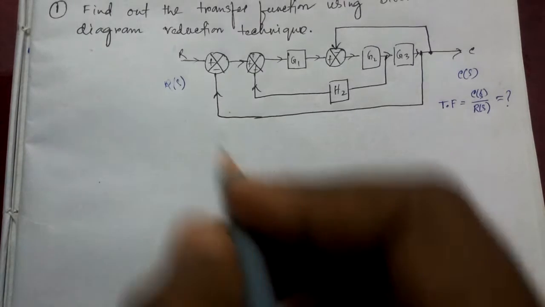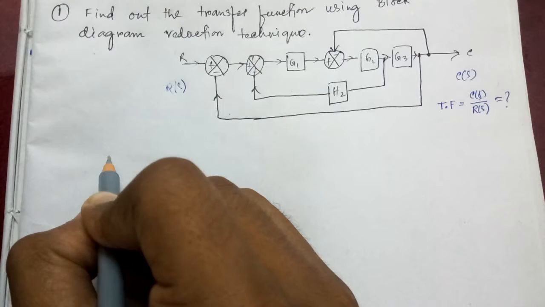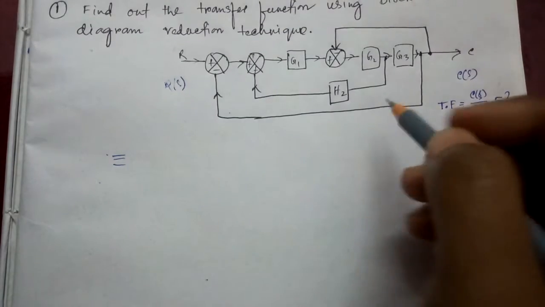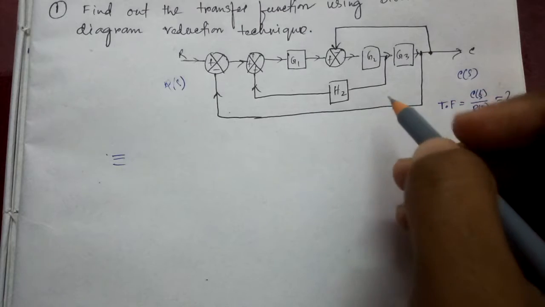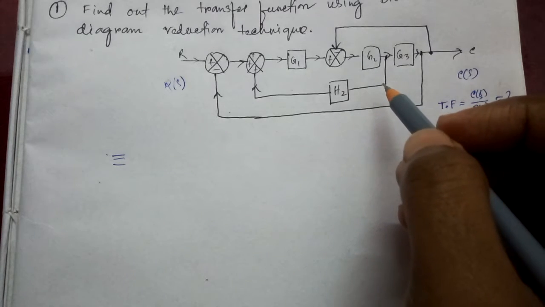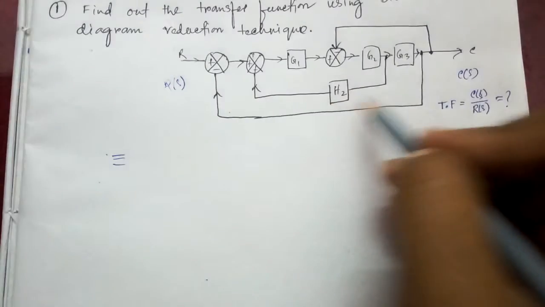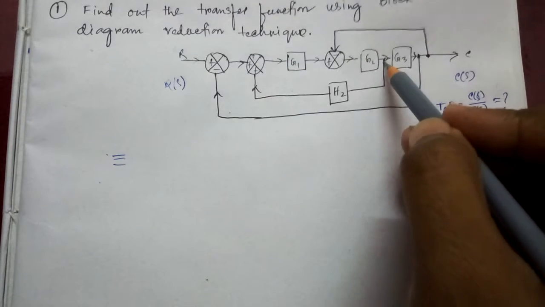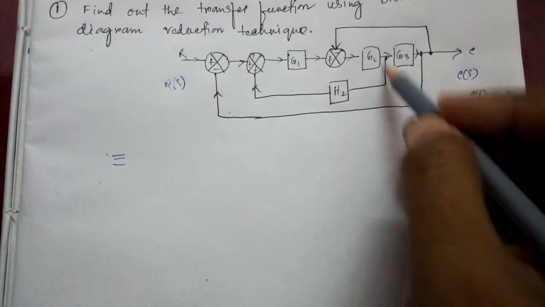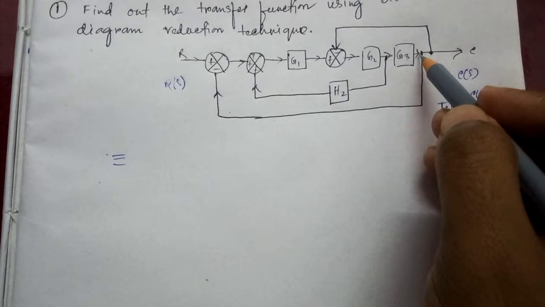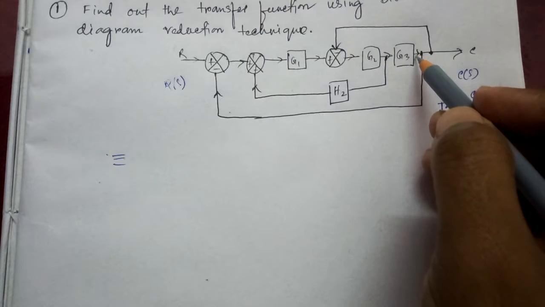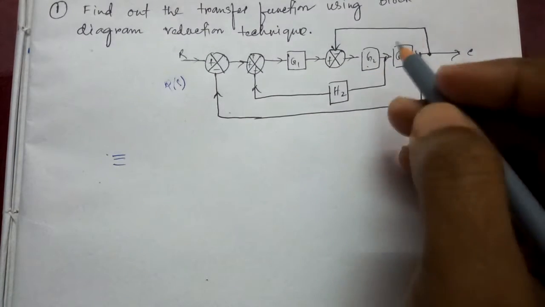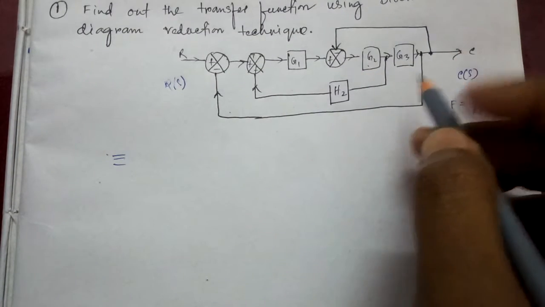Now here the first step: it will be easier to reduce this block diagram when I shift this takeoff point after G3, because if I take it after G3, these two can be multiplied and the feedback calculation will be easier.